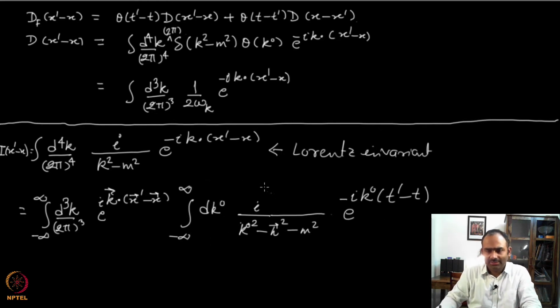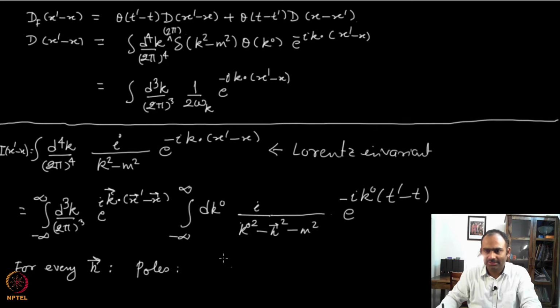If I look at the k0 integral, the integrand has poles at the places where the denominator goes to 0. So for every k, we have the following poles in the k0 plane.